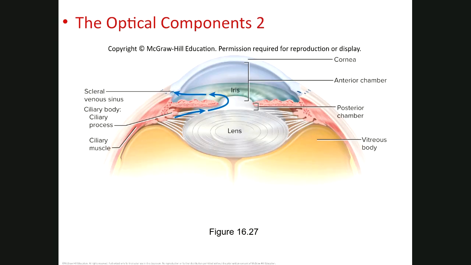And this is also another picture showing the presence of fluid and how it is expressed through the iris into the scleral venous sinuses or canals of Schlemm. This picture also shows you how the pressure is developed there. This is also a description of how glaucoma will set in.